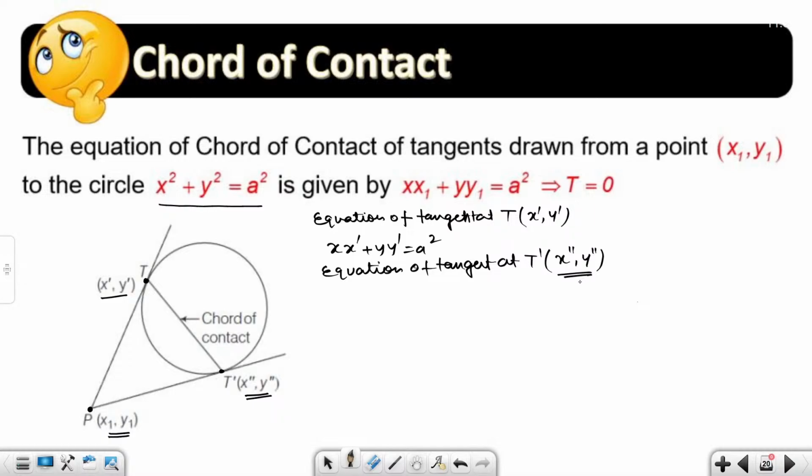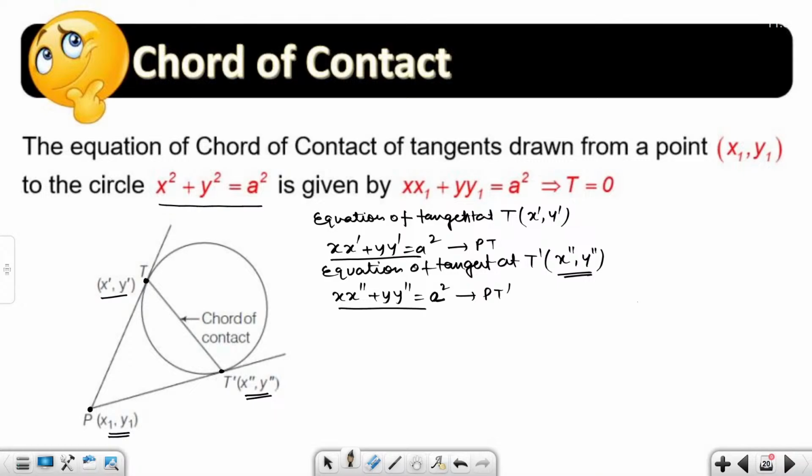So I can apply the Cartesian form to find the equation of the tangent PT dash, which will be nothing but x x double dash plus y y double dash equals a square. Am I correct or not? So these are the equations of the two tangents PT and PT dash respectively, right?